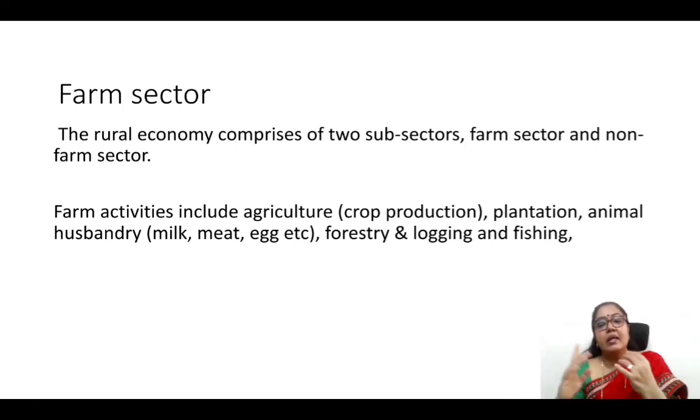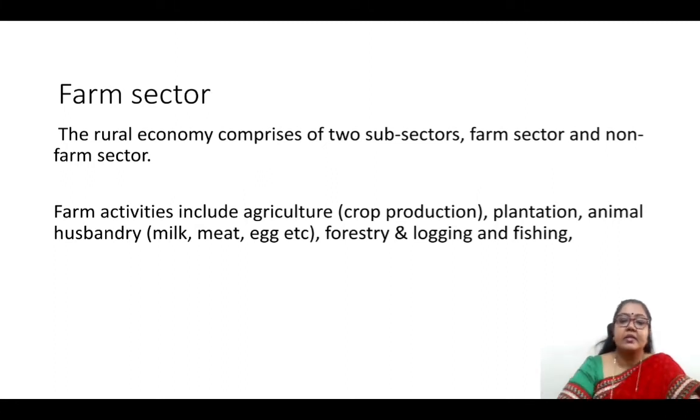It could be anything like your wheat, sugar, rice, ragi, jowar, etc. Plantation, animal husbandry, basically if it's for meat or for milk, etc. We have forestry, logging, and fishing, etc.